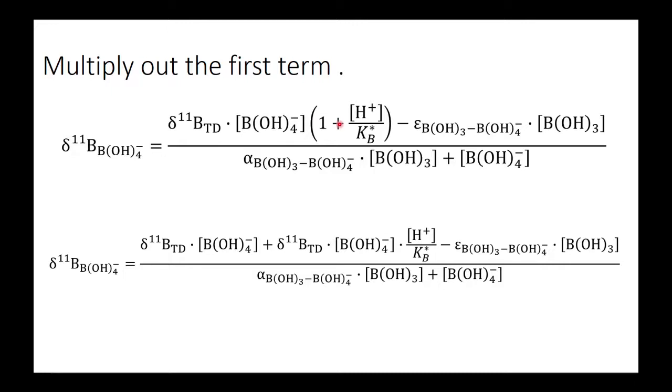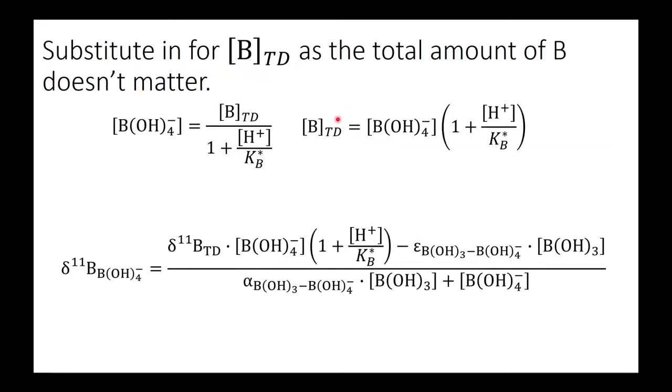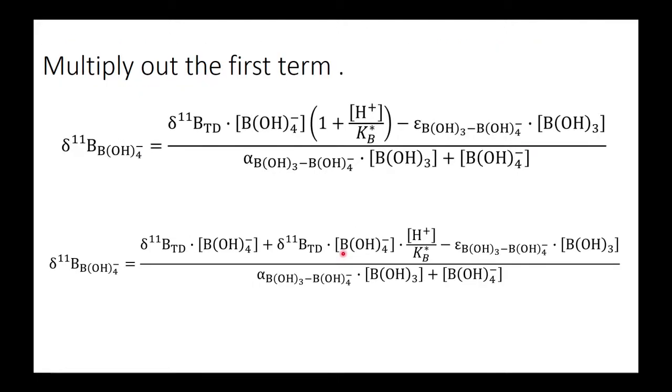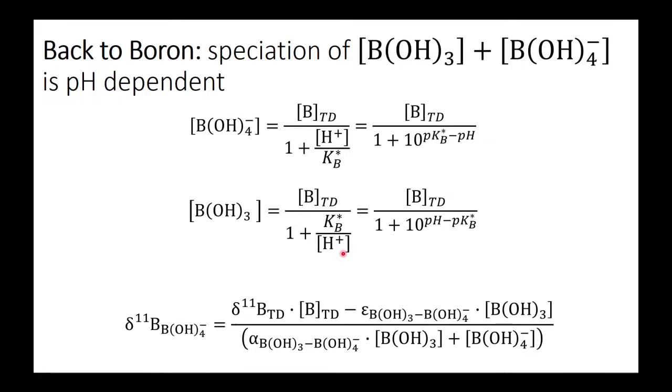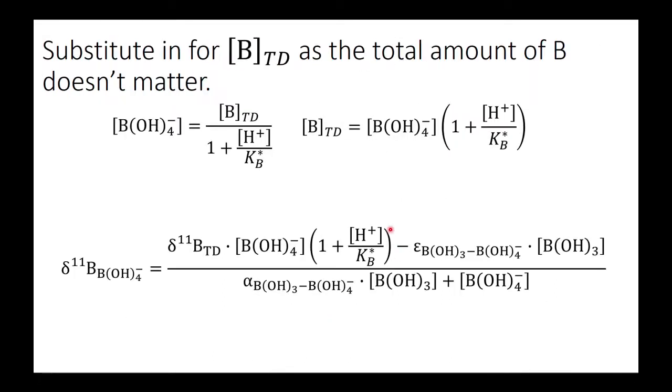But the first thing I'm going to do is, rather than plug into all of them, the first term here is the total concentration of boron in the ocean. We're going to express that as this.